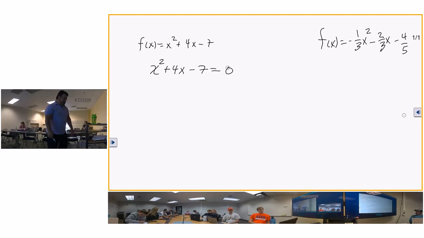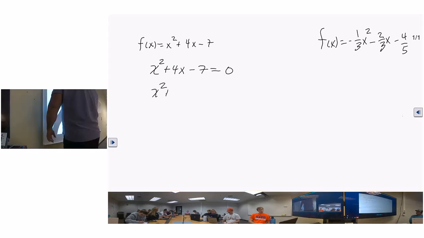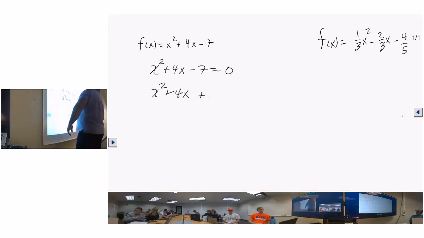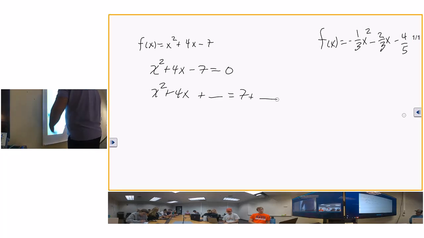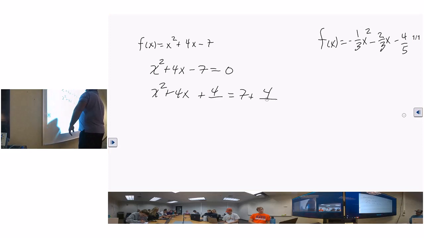So, x squared plus 4x plus blank is equal to 7 plus blank. Half of 4 is 2. 2 squared is 4. So (x plus 2) quantity squared is equal to 11.